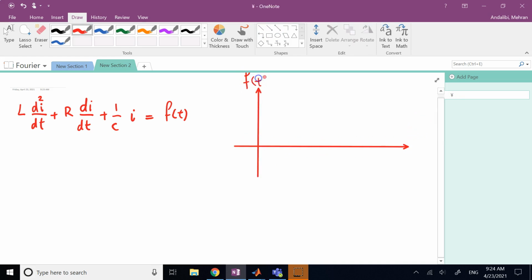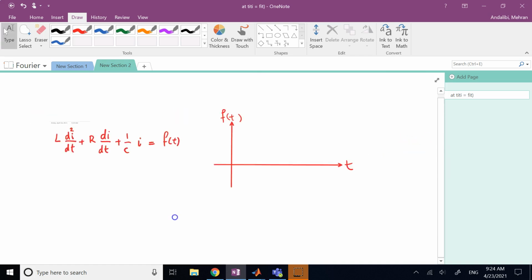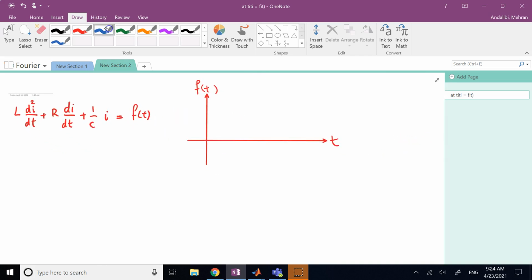So this is f of t versus t, and as I said, I want this function to be a sawtooth function, something like this. Where basically the period of this function is any number that you want, T, and this magnitude is again any other number that you want, right?